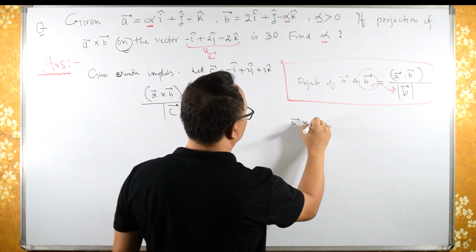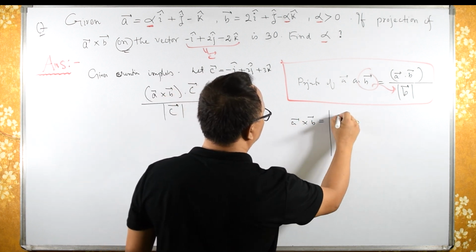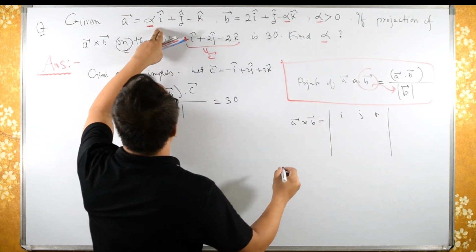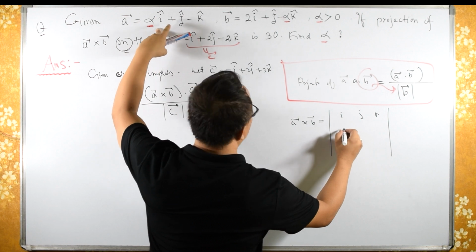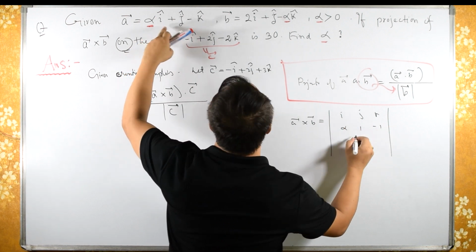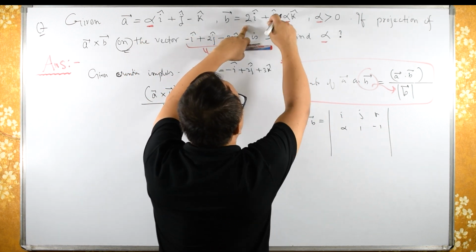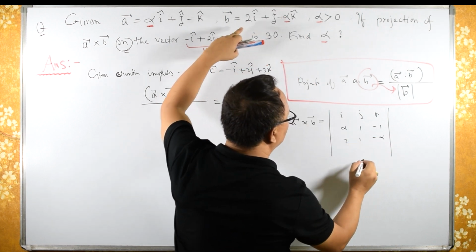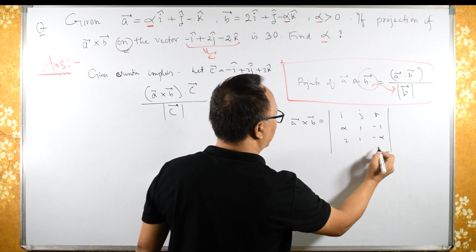A cross b vector is equal to, we have i, j, k. Here we have alpha, 1, minus 1. B is 2, 1, minus alpha. Now let's expand this.